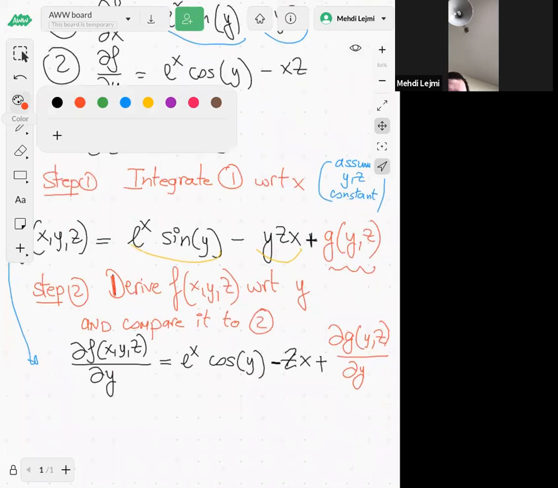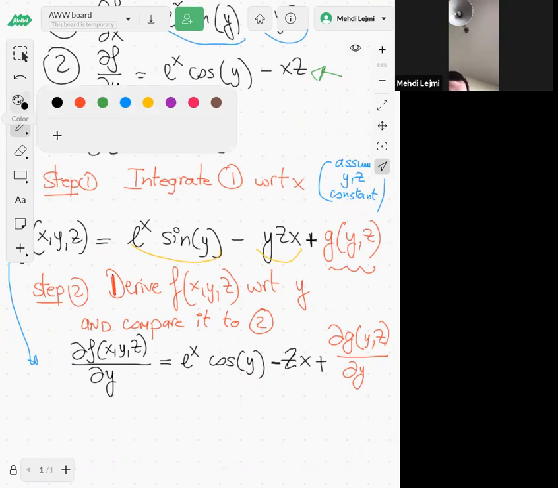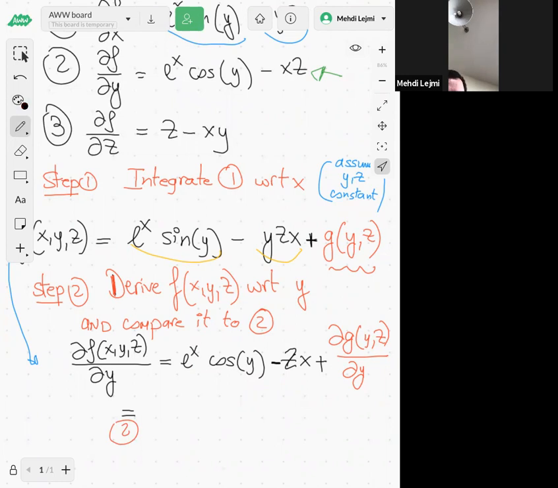This is supposed to be the derivative of f with respect to y, so this is supposed to be equal to the second equation, number 2, which is e to the x cosine of y minus xz, right? And that's it.